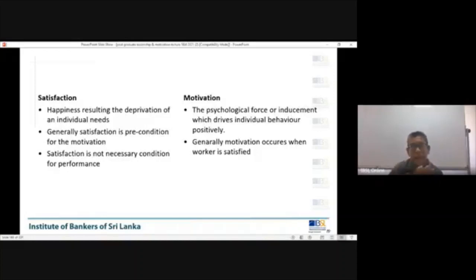Now, if you really look at these two points, satisfaction and happiness result from the fulfillment of individual needs.